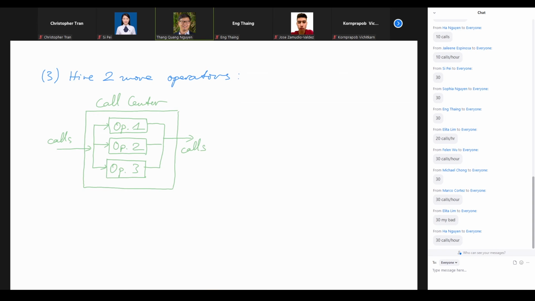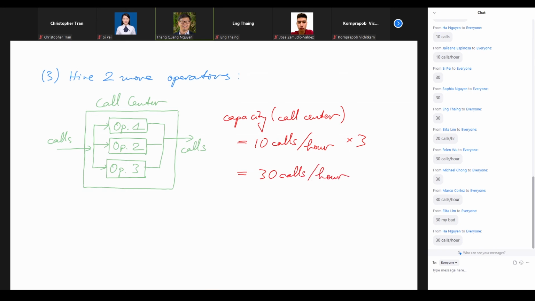And that's why you got the 30 calls an hour. So let me write here the capacity of the call center in this structure, or given this structure, is going to be 10 calls an hour times 3, and that's how we have 30 calls an hour.